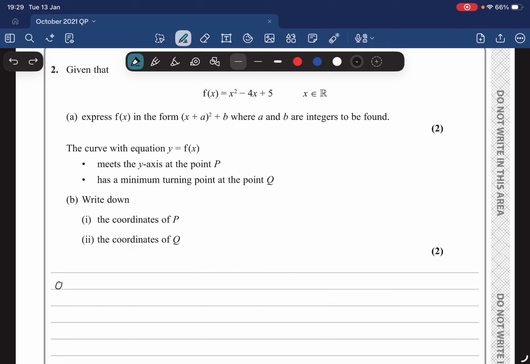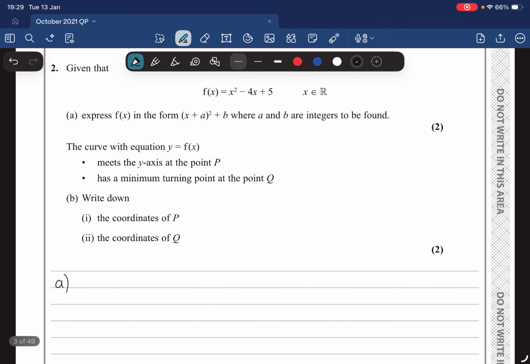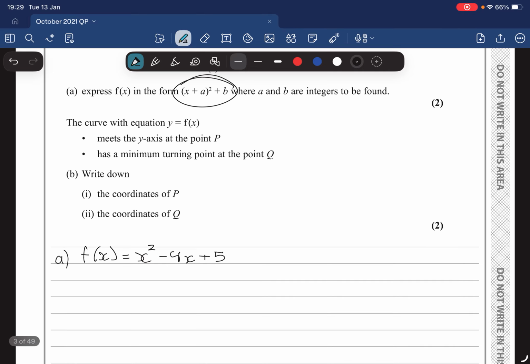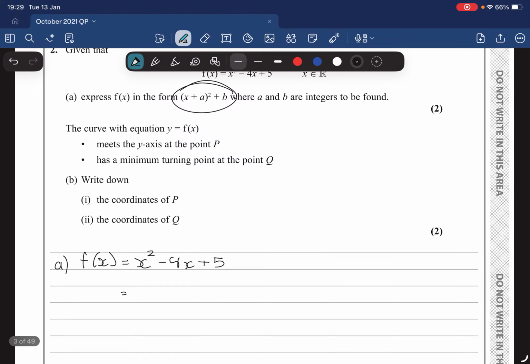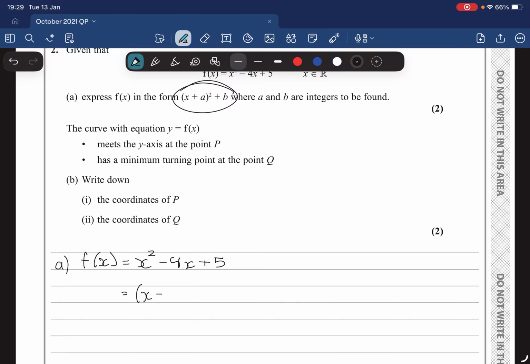We'll do part A over here. This is a pretty fun one. If you're not going to get the marks, then I think you just need to do better, bro. x squared minus 4x plus 5. Okay, it wants us in this form, guys. Do not try to do anything too tricky. We know that this x squared minus 4x, we can make it x minus 2 squared, minus 4.